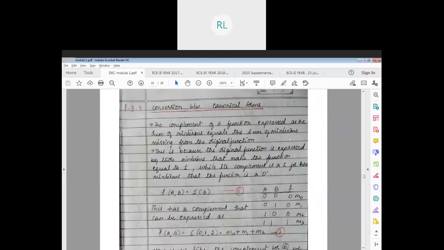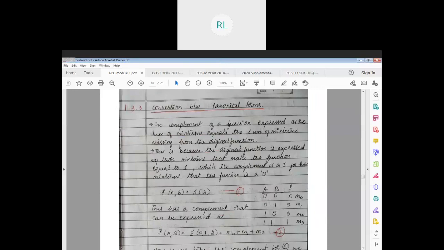The complement of a function is expressed as the sum of minterms missing from the original form. We will try to understand how to go about getting this.